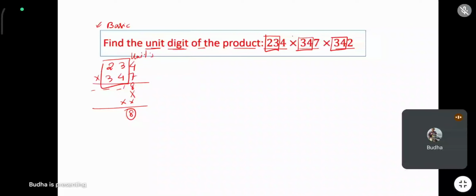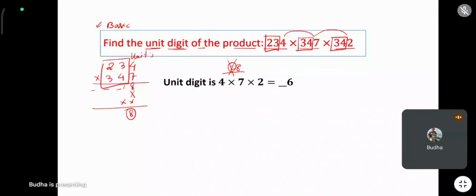So I'll multiply 4 into 7, 7 into 2. When I do 4 into 7, I get 28. Now since the last two digits, the tens digit is not my concern, I don't want this.